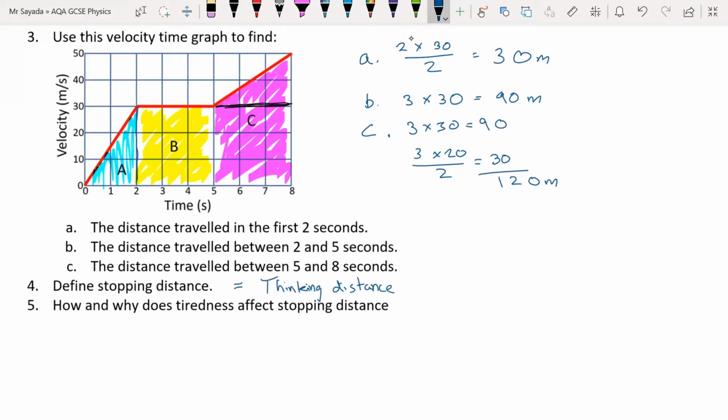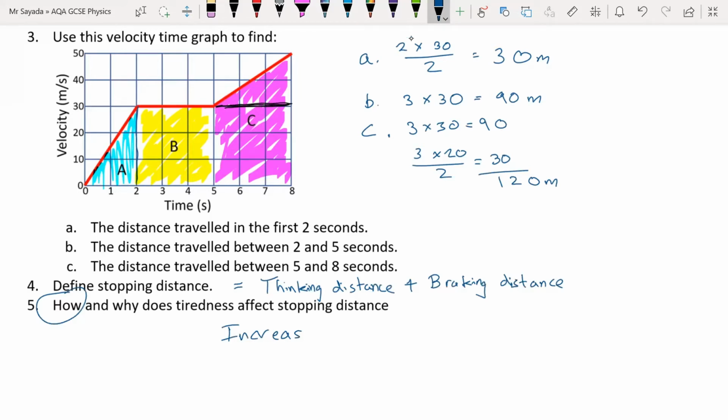So for the how part, you need to say, does it increase or decrease it? So it will increase stopping distance. And for the why part, you need to link it to the definition of stopping distance. So it increases the stopping distance because tiredness will basically slow you down. It's going to slow down your reaction time.